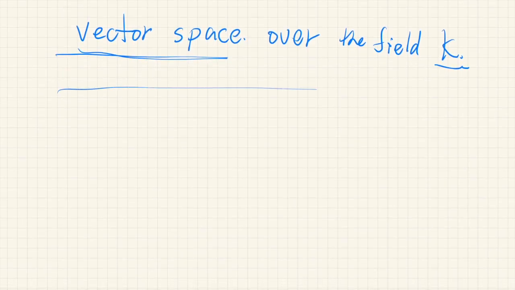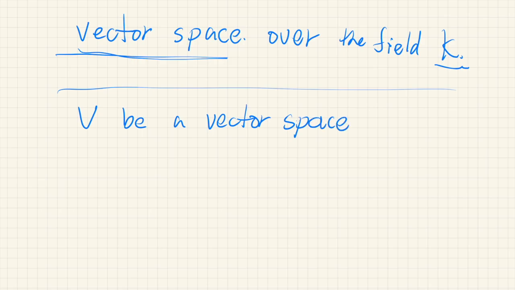Okay, so let V be a vector space. So this is a set of vectors where addition and scalar multiplication are defined. And now we have the following property. It's a vector space over some field, over K. So K is a field.